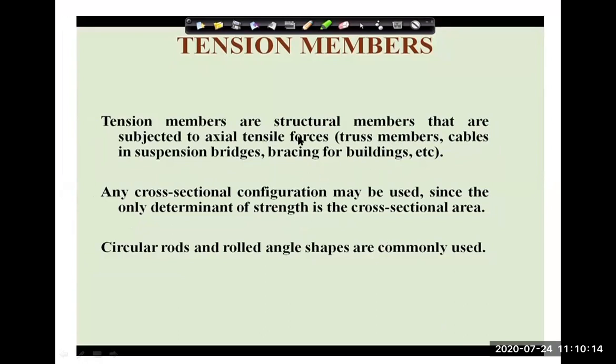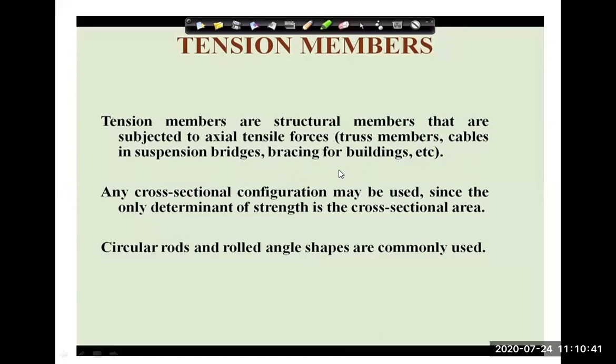Sometimes column to column bracings are there, which I showed you in the first lecture of our syllabus: the inclined members connected to the columns. So truss members, cables in suspension bridges, rods, and bracing for the building are tension members.